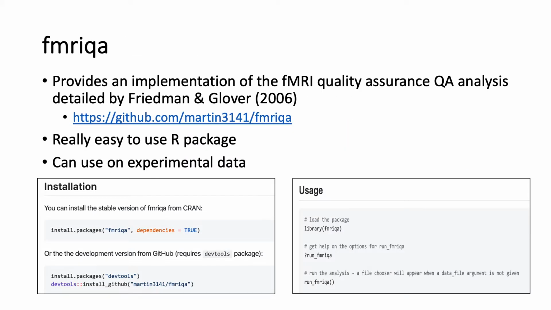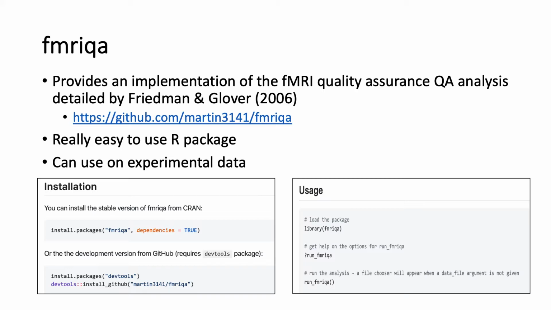And so there was an R package that was developed to help researchers do quality assurance checks on their data. This one is based off of those metrics that the Friedman and Glover paper talked about.